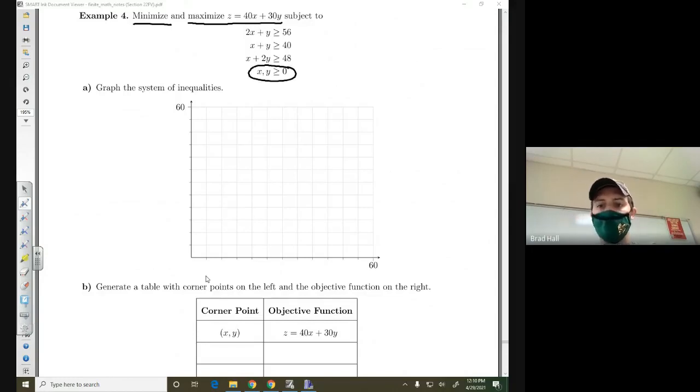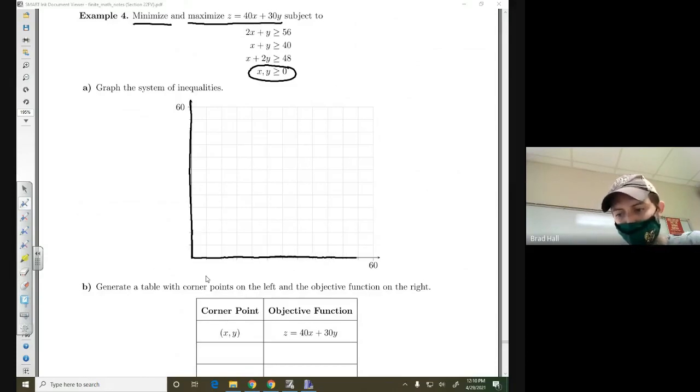So let's go ahead and start off with the non-negative restrictions. So that takes care of the non-negative restrictions. And so I'll go ahead and label the 3 inequalities here, as I've done before.